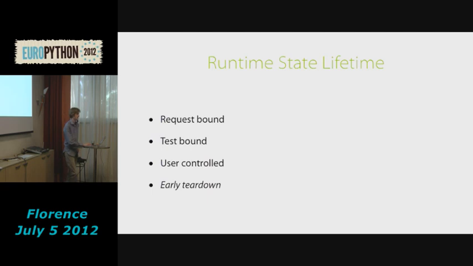And they tear down quite early. I'm coming to that a little bit later. Basically it means that if your view function returns a value, the context disappears. So if you manage to execute for longer than your view function is actually executing, what usually happens if you have a generator, then you will notice that the context is already gone.